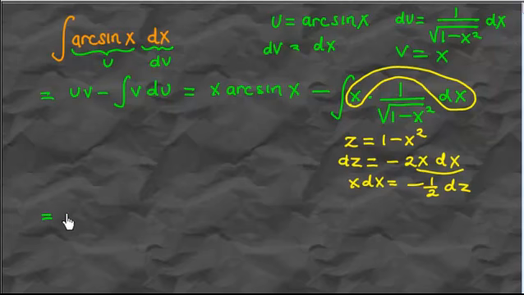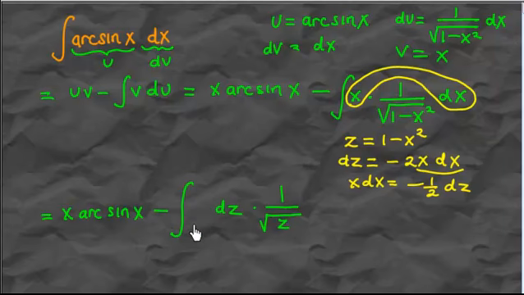Okay, so let's do it. x arcsine x minus the integral, where x dx is our minus half dz, and we also have 1 over square root of z. Let's rearrange how we write this expression. First, put that negative 1/2 in front, so it becomes plus 1/2.